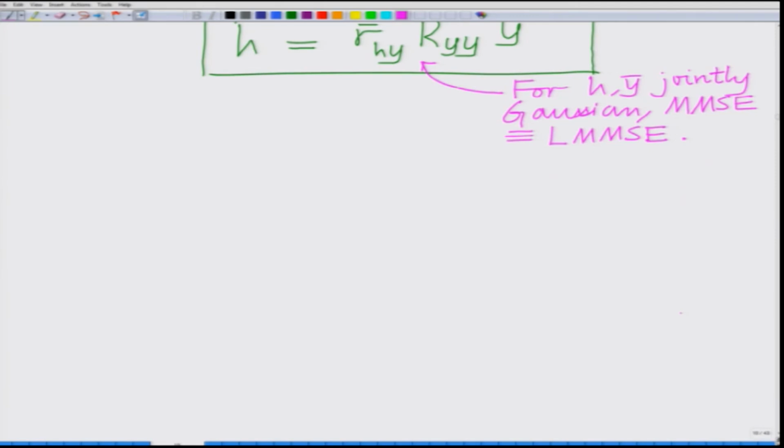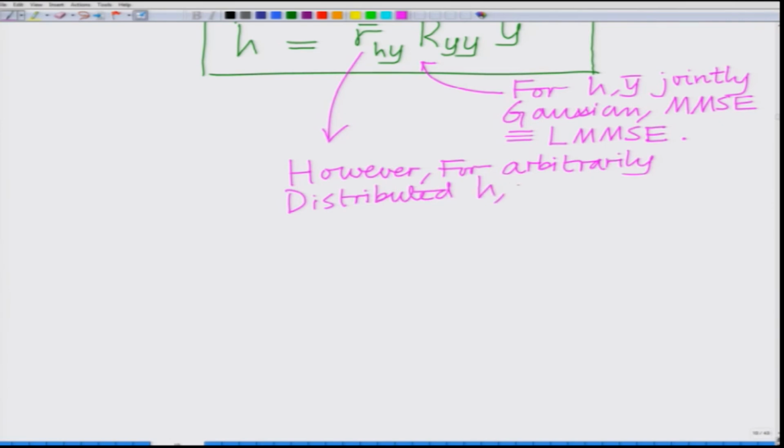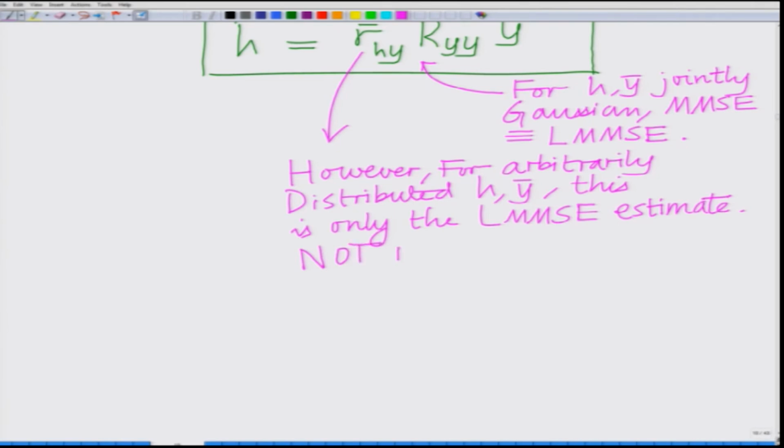However, for arbitrarily distributed h comma Y bar, this is only the LMMSE estimate, not necessarily, in fact generally this will not be the MMSE estimate.